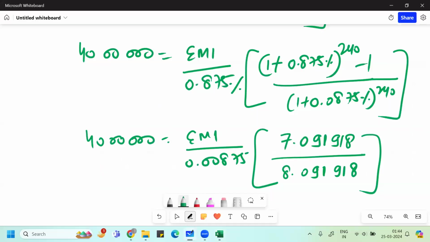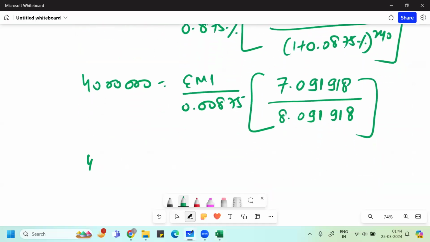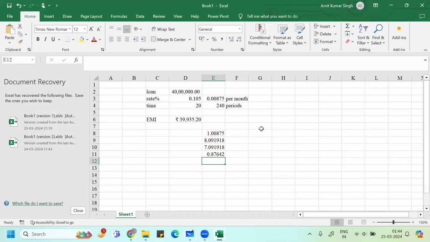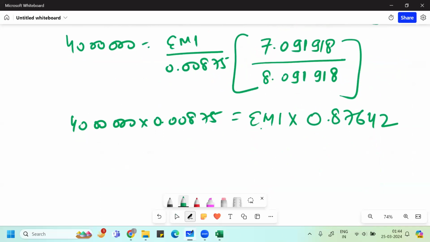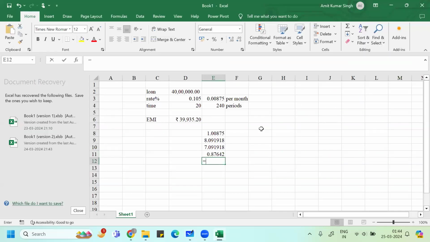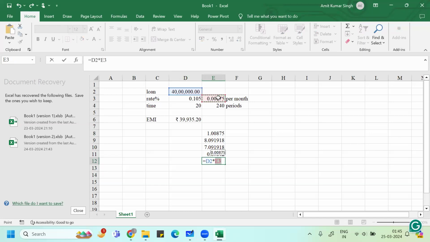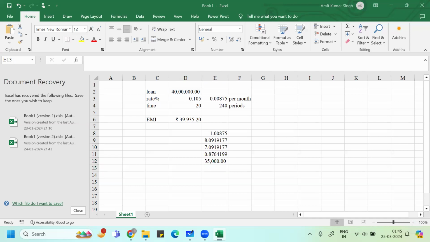0.87642. If I bring this to this side, 40 lakh into 0.00875 is 35,000.